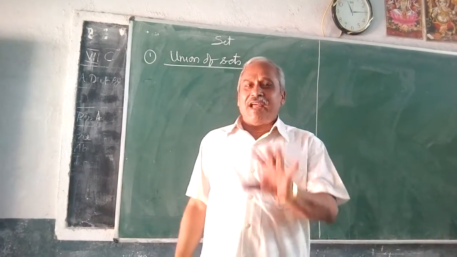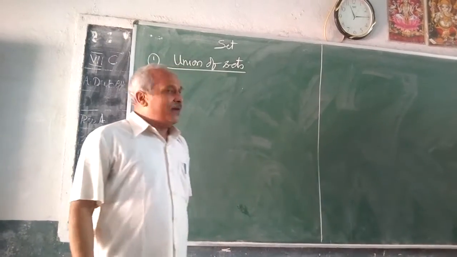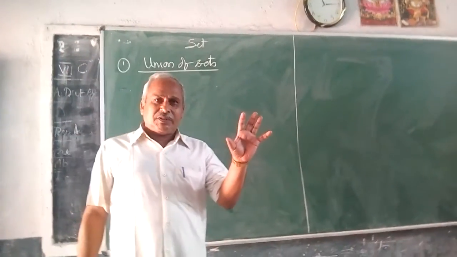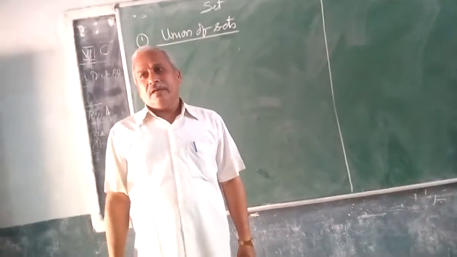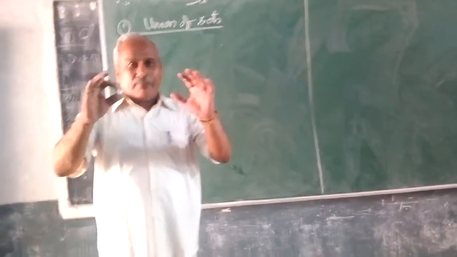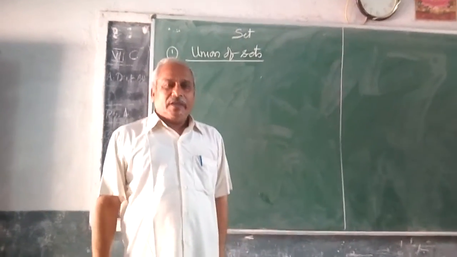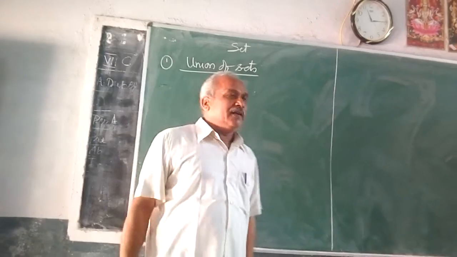This type of word we have heard in our day-to-day life, and from these concepts you might have thought that union means to assemble, to bring together. In the same way, the same sense is applied in sets also.